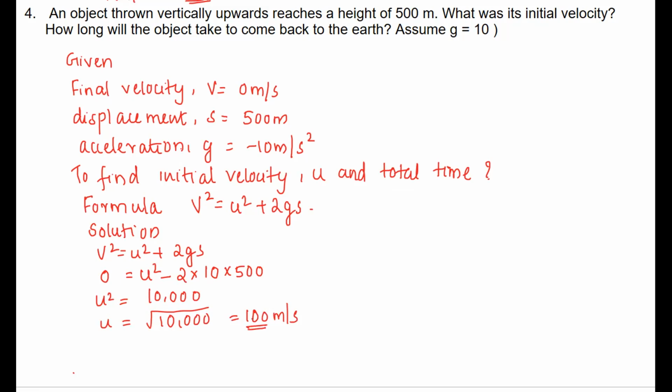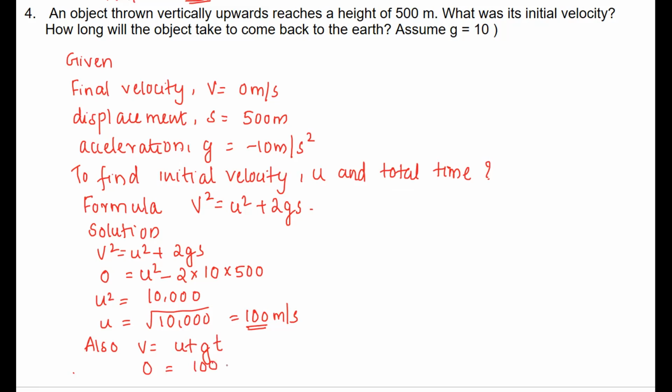Now we want to find out time. We know that V is equal to U plus GT. V is 0. U we got 100.